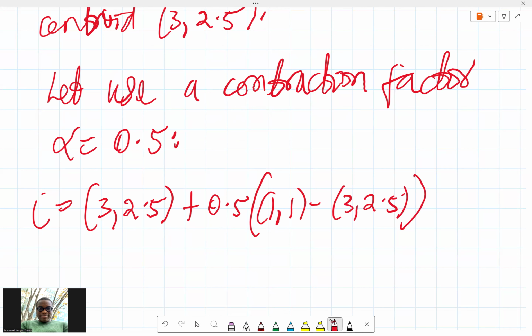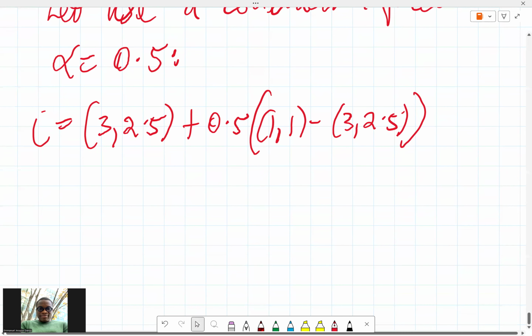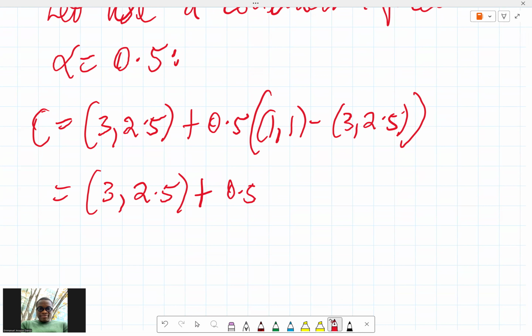So that's how that goes. That C is equal to (3, 2.5) plus 0.5 times (1 minus 3, that's minus 2, and 1 minus 2.5, that's minus 1.5). Yes, that's how it is.